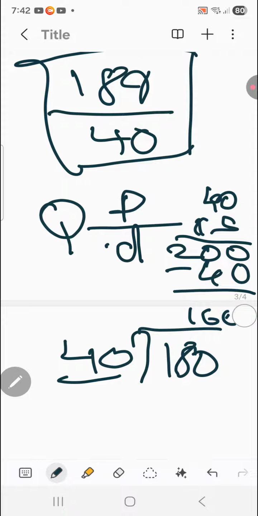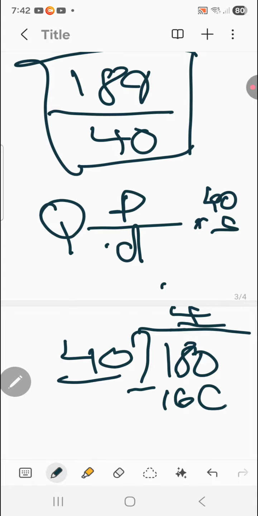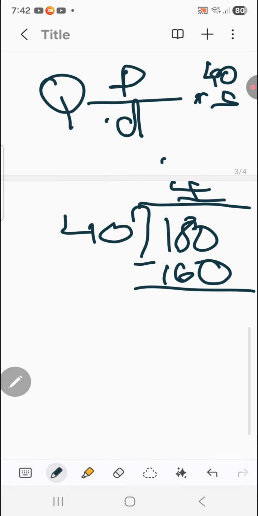Now all I want to do right now is I know that 40 into 4 is the answer. So it's going to be 160. Now this is going to be 20. Sorry.